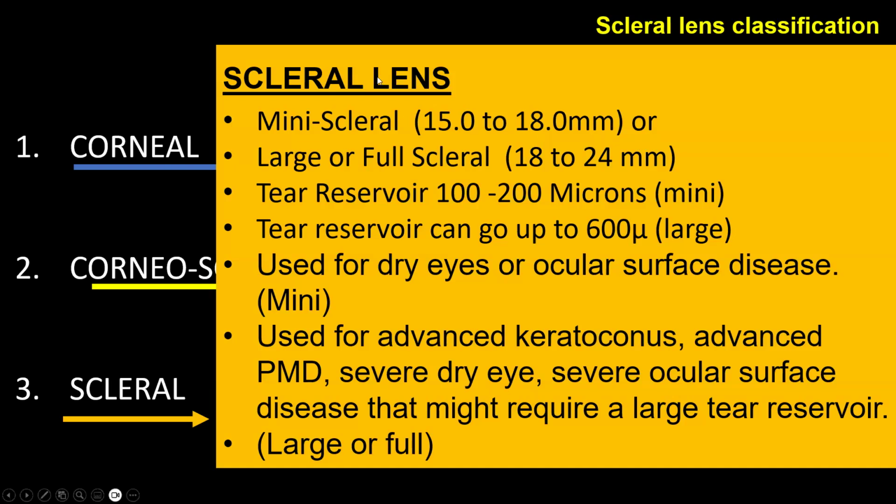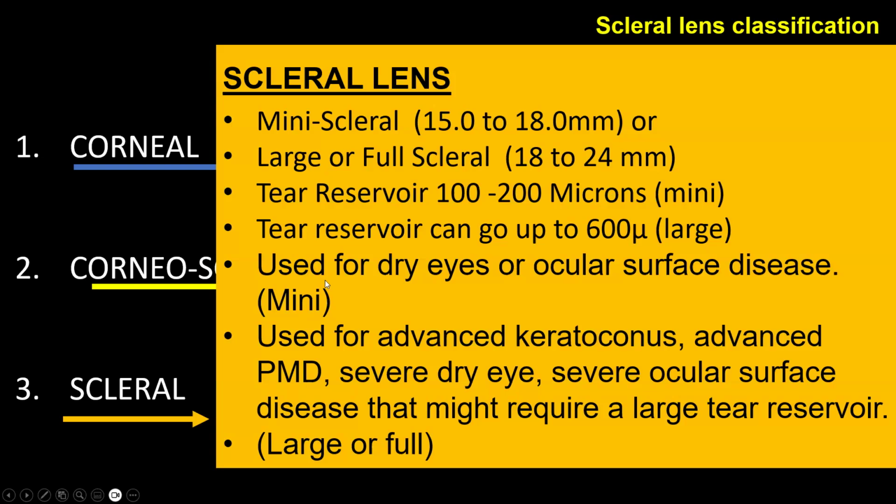So you have sizes ranging from mini sclera to large or full sclera. In the mini sclera, the tear film, as I've mentioned, is low, and in the large or full sclera, you have a large tear reservoir. So that's something to be aware of in this slide.